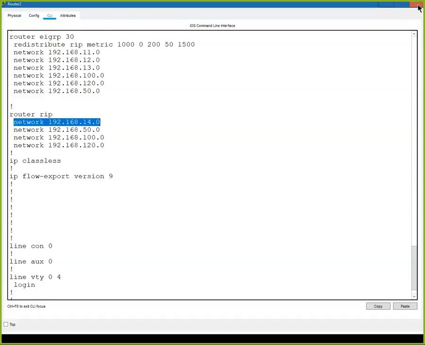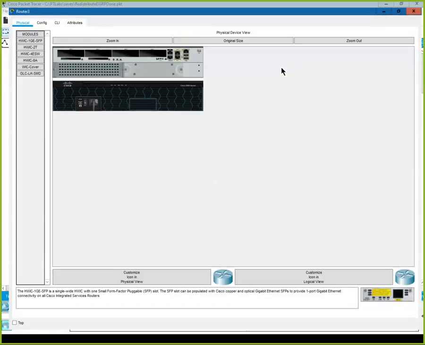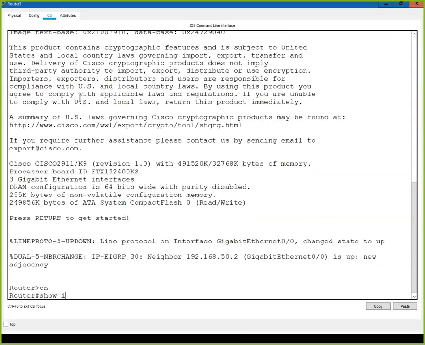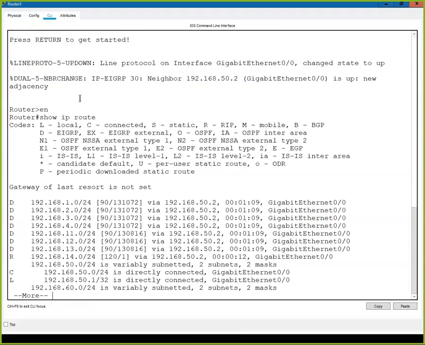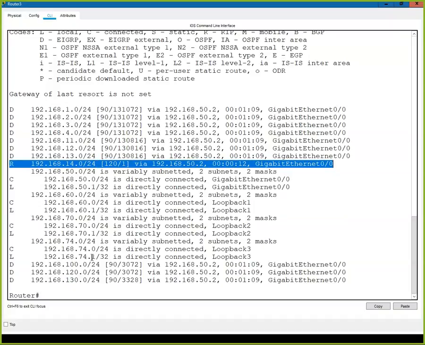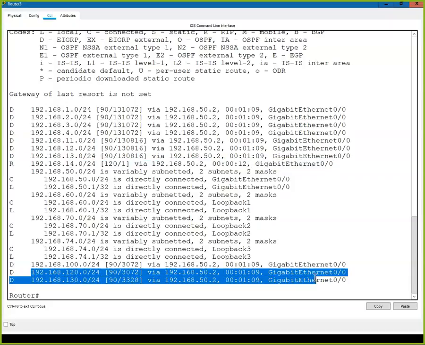If I go to this other guy down here, and this is the only other one that is running RIP, and use the show IP route, then the only RIP route is 14. The 120 and the 130, I think, were advertised in both protocols.